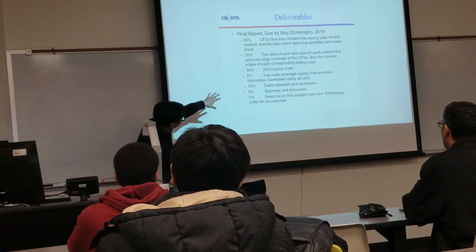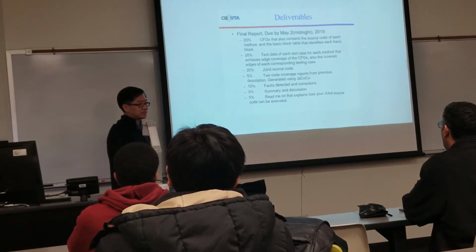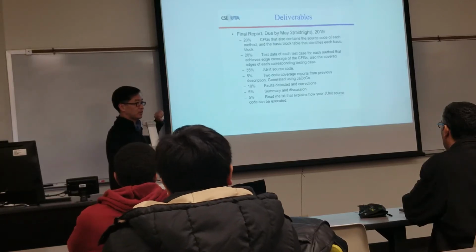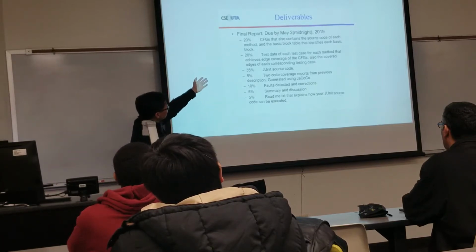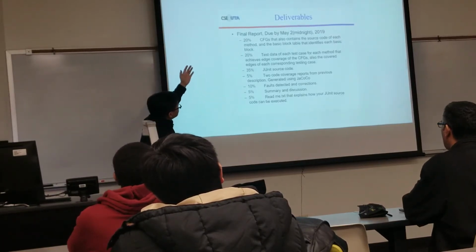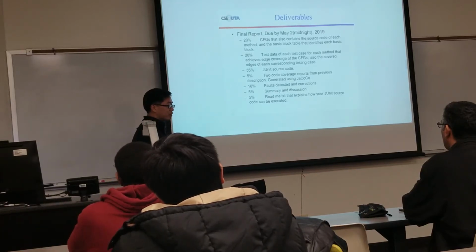And the final report will have these components. They have very specific instructions and percentages in terms of how we evaluate the project. So you have to include the control flow graphs, basically in the same format that we have seen in the class.